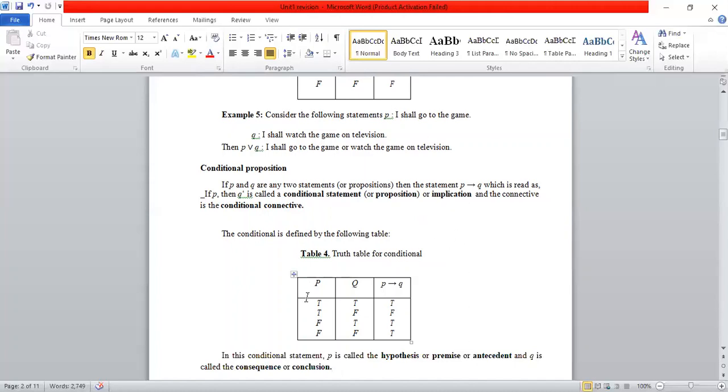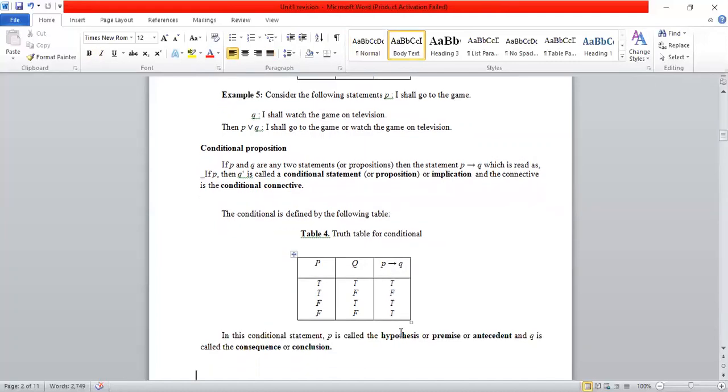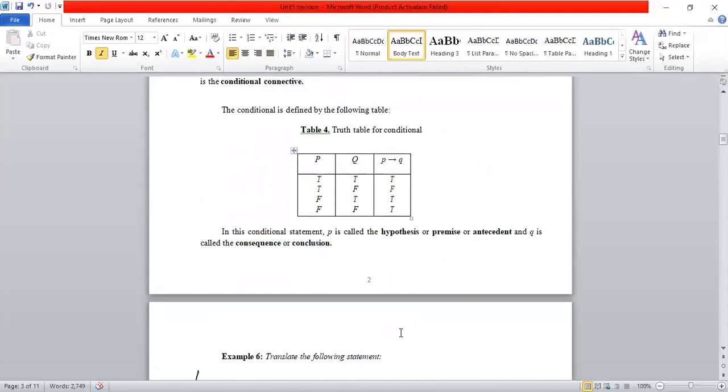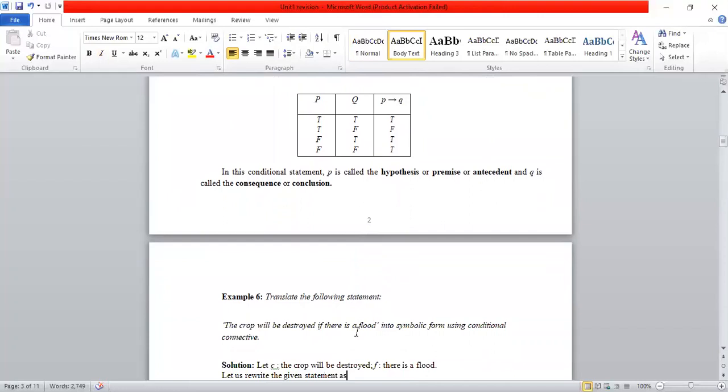But in the conditional connective, whenever P has truth value true and Q has truth value false, then P conditional Q is false. Otherwise, it is true. In this conditional statement, P is called the hypothesis or premise and Q is called the consequence or conclusion. Here we have an example.